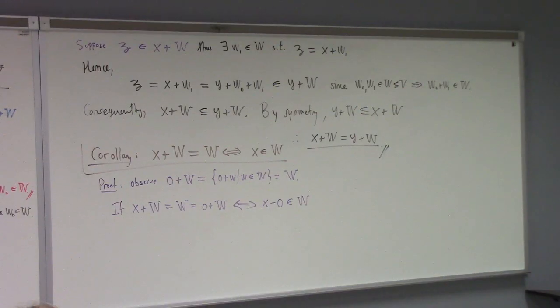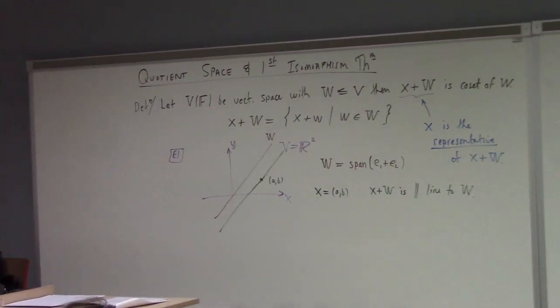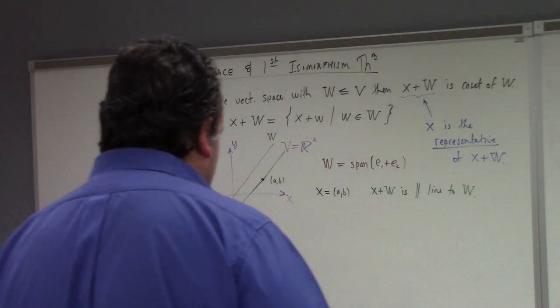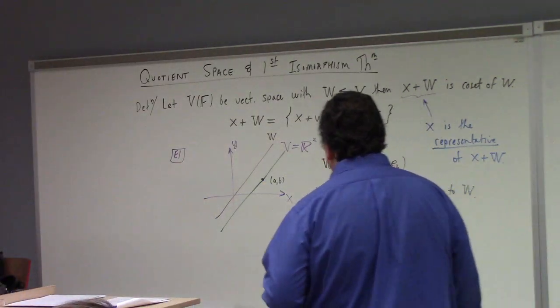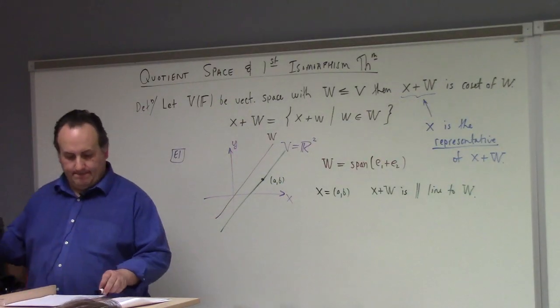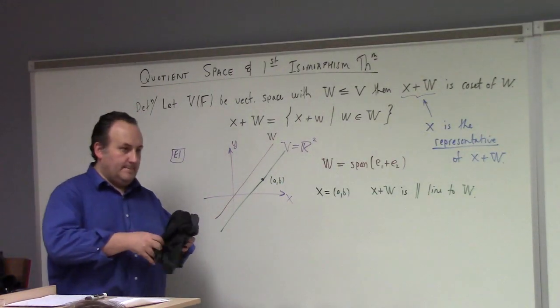Okay. What is the difference between cosets and subspaces, guys? Is there a difference? Do cosets have to have 0 in them?